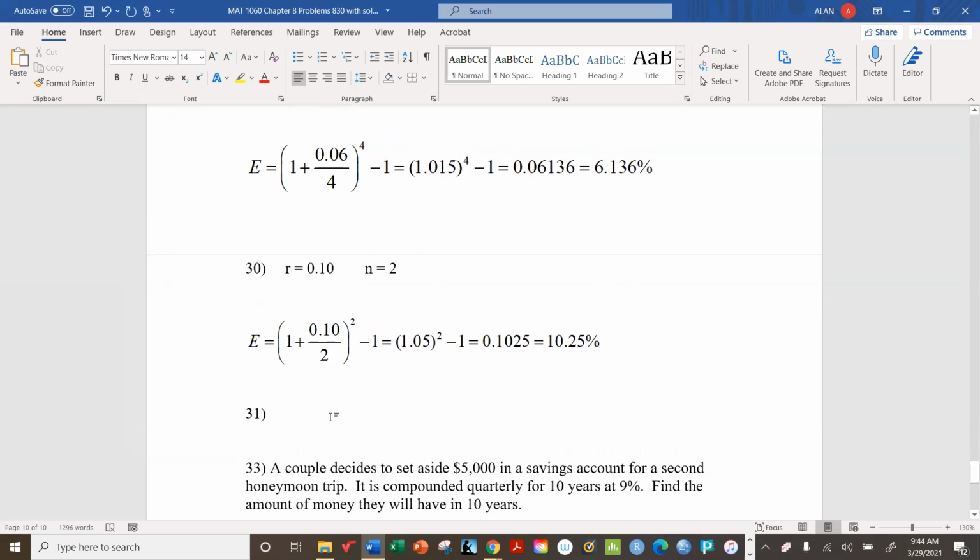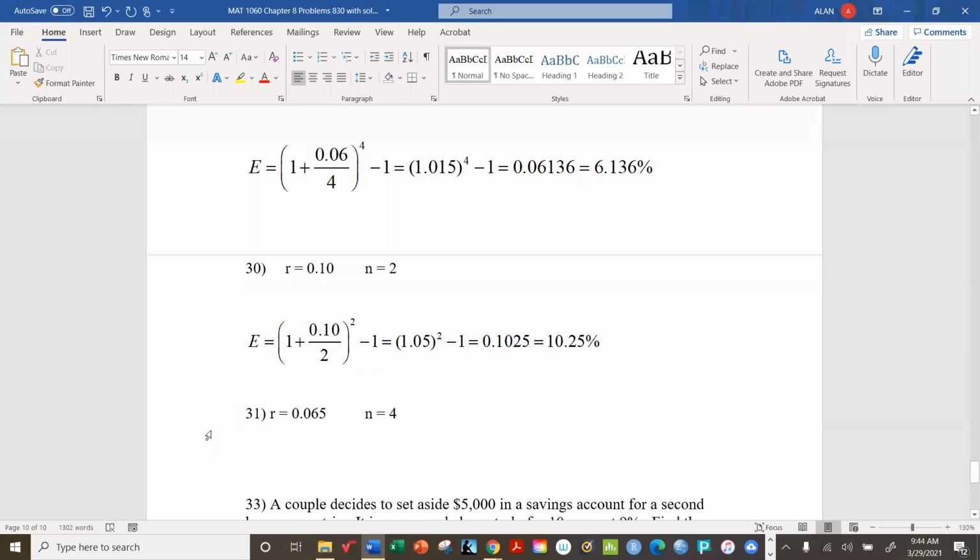All right, 31, r is 0.065. n is 4. All right, let's do that again with different numbers.